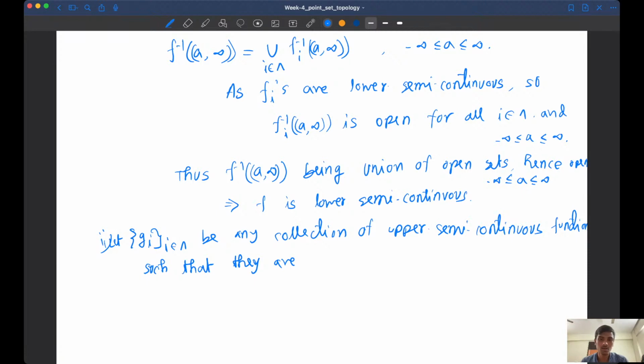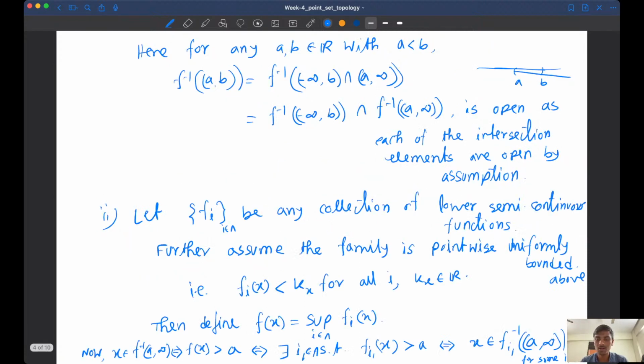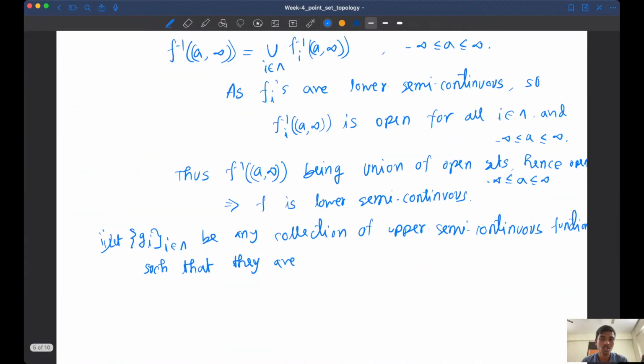In the previous case we needed uniformly bounded above because we needed the supremum to be defined. In this case we need the infimum to be defined, so we'll consider that they are uniformly bounded below.